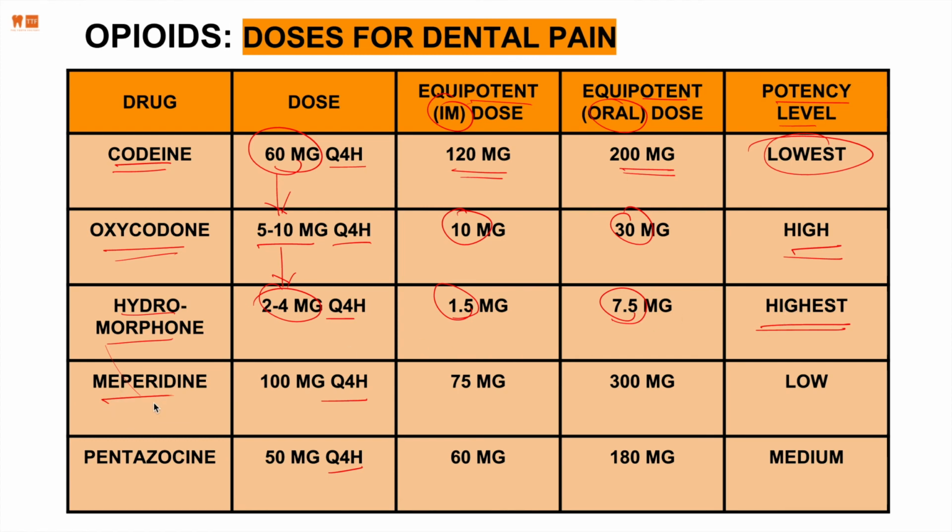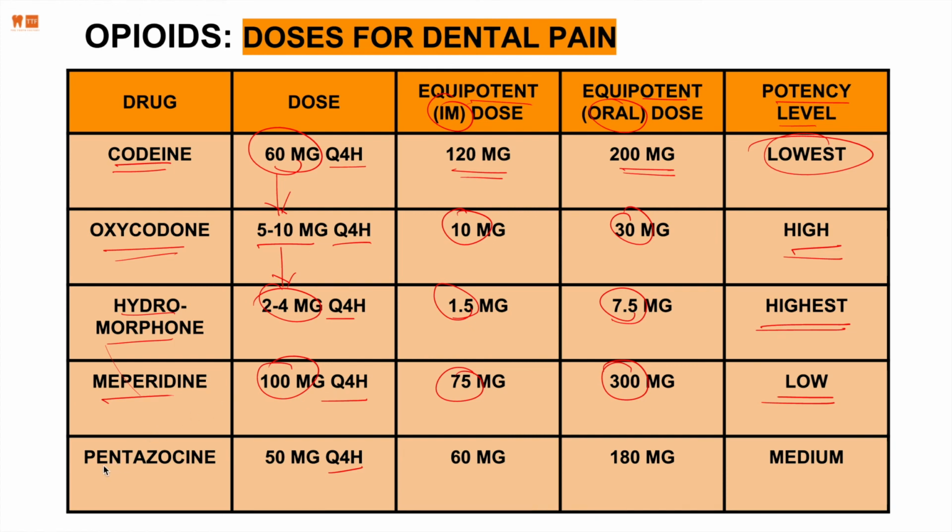And then comes meperidine, dose of 100 milligrams, which is even less potent as compared to codeine. Equipotent dose is 75 milligrams for IM as compared to 300 milligrams for oral, causing it to have low potency.